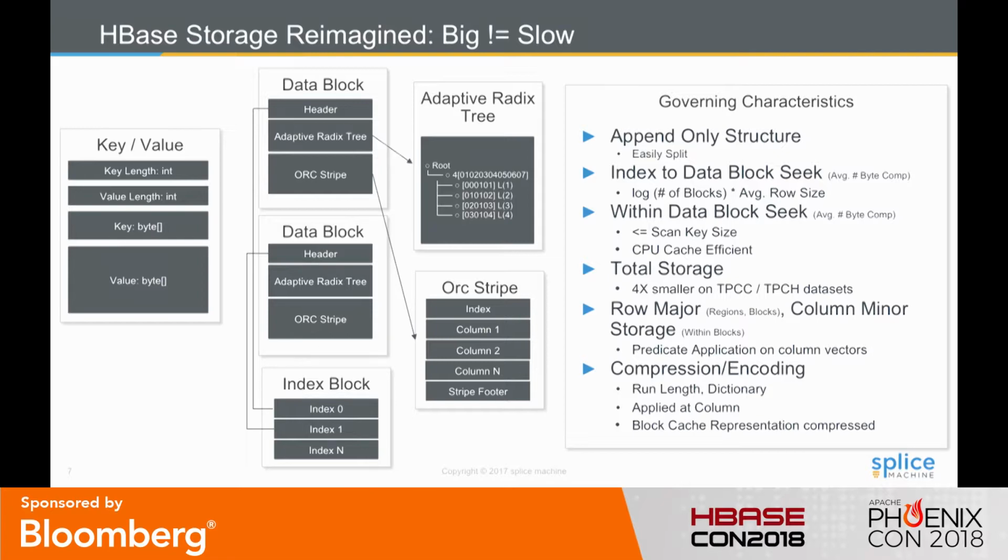Okay? So if you look at HBase storage reimagined, big doesn't have to equal slow. It's an append-only structure because we're keeping it within the HBase structure of how it works. So same HFile. The index to data block seek is similar as before. But within a data block, we have an index.